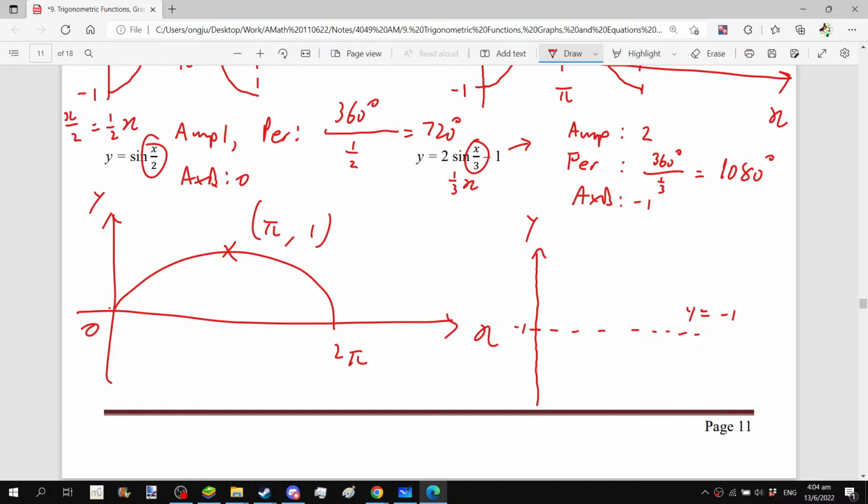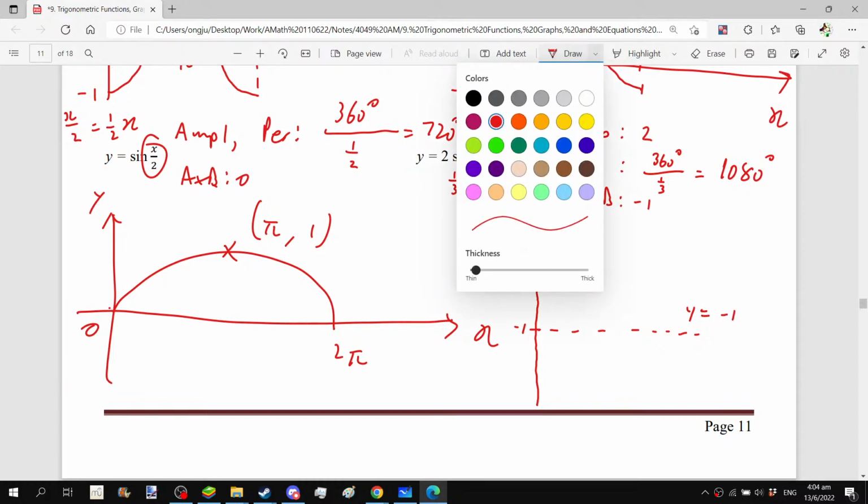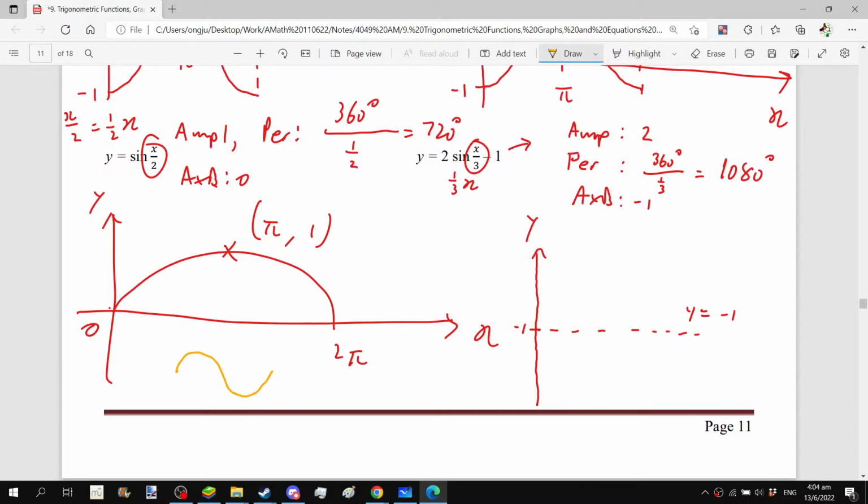Now, this time around we have an even bigger issue, because if we are doing 360 degrees, then we have a cut graph yet again. The period now is 1080, which is well and good, but you're only doing 360, which is only like that, right? You have to cut the graph into 3 equal pieces.